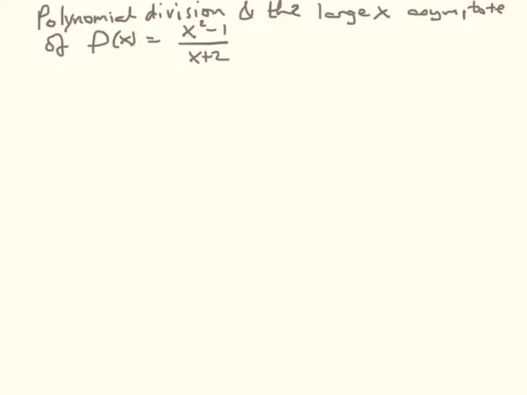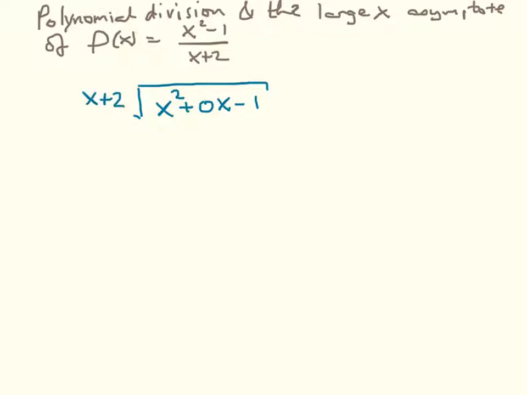So to do that, we're going to take x squared minus 1, but I'm going to write it as x squared plus 0x minus 1, just to help myself a little bit, and we're going to divide this by x plus 2.